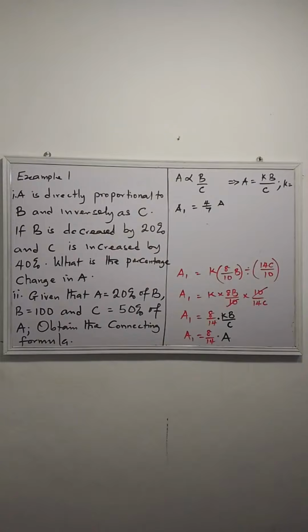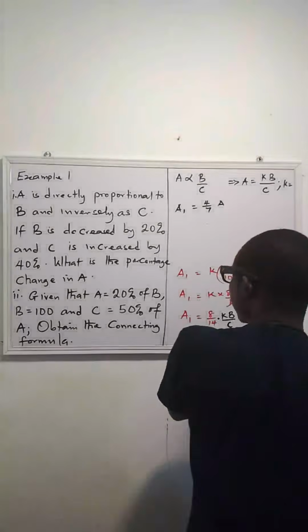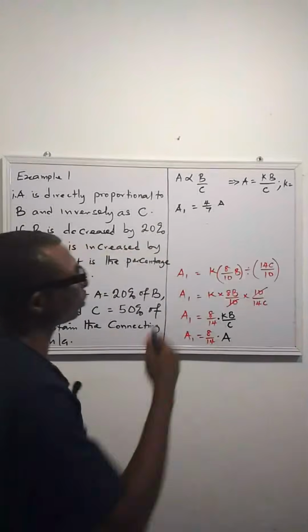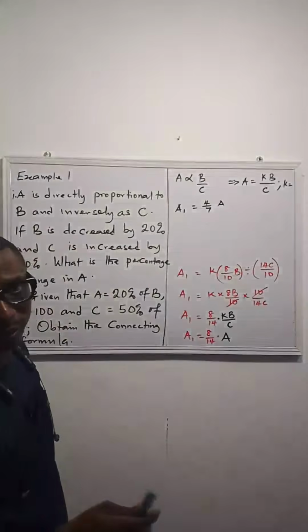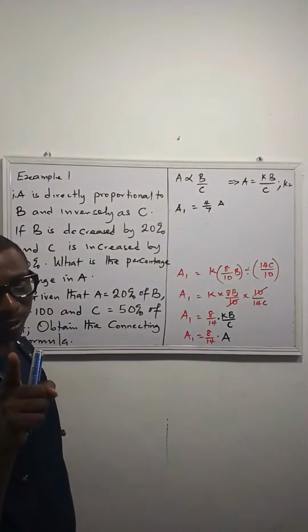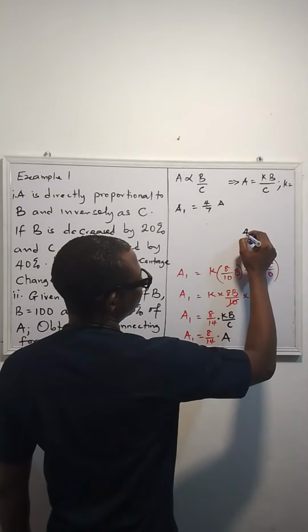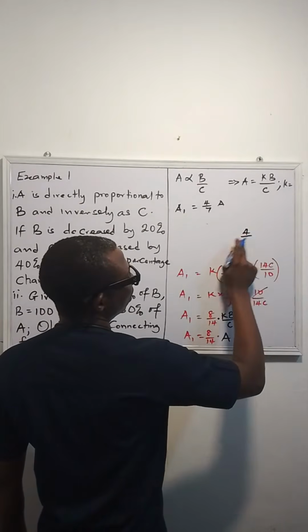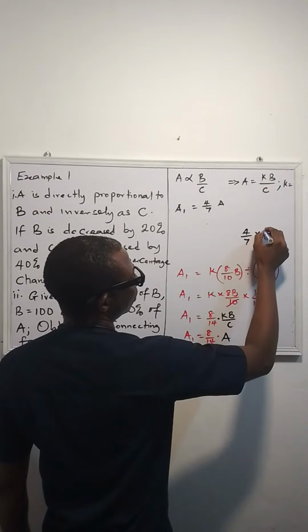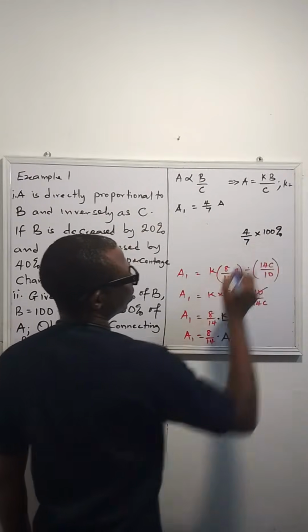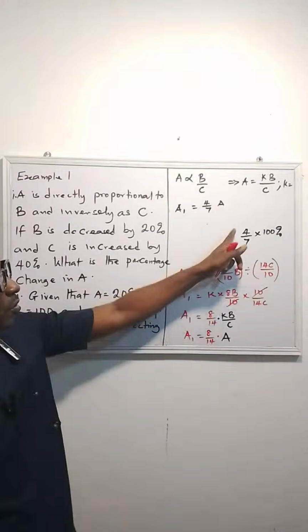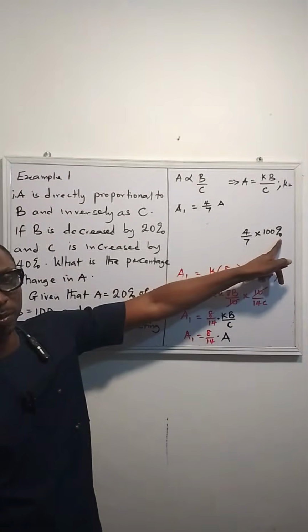All right. So now let us see how we're expected to do this. So we want to convert this to percentage. I don't know how you did yours, but you're expected to do it this way: 4/7 times 100%.